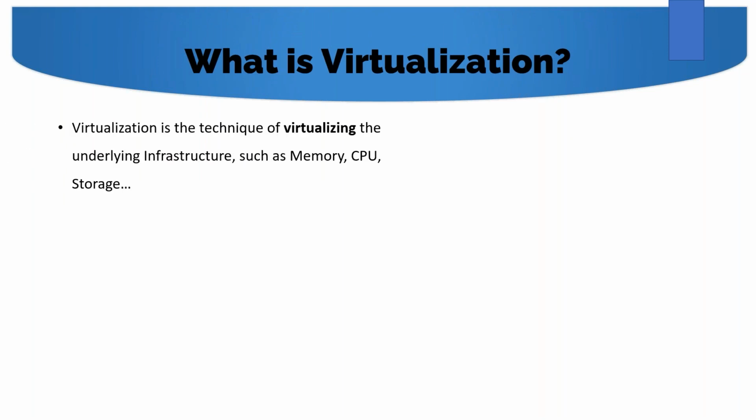So what is this virtualization? Virtualization is the technique of virtualizing the underlying infrastructure such as memory, CPU, storage, all the stuff. Everyone started using this technology because it was a boom to the whole IT industry. Almost overnight, the world changed into a much, much better place.